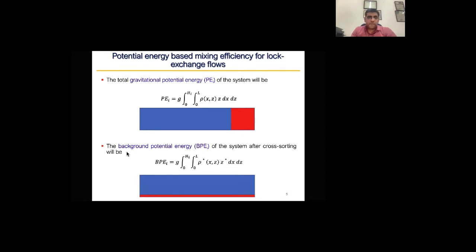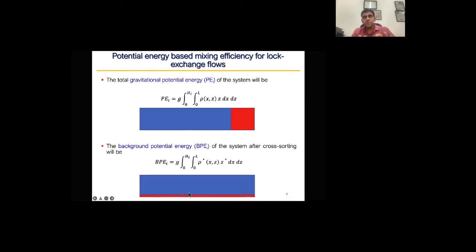What they said was, you take this configuration and do a cross sorting. When you cross sort, you basically put the layers in a horizontal manner, and that will be the least amount of energy. This is the least energetic state that this particular configuration can reach.